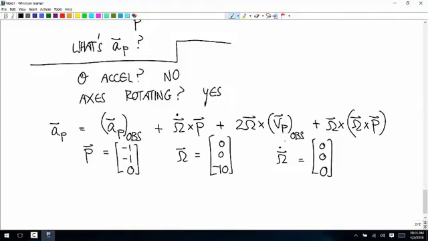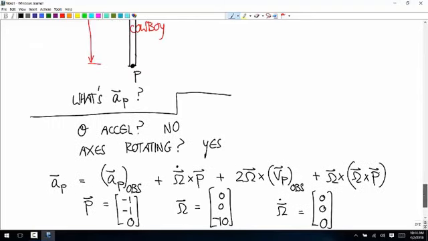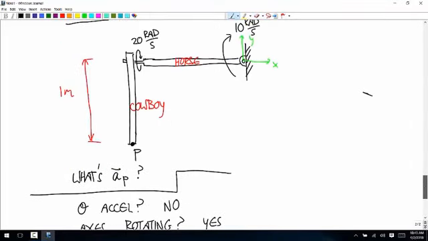And now we have to come up with the observed velocity and observed acceleration. So how do we calculate the observed velocity? We don't even need relative motion on this because we're assuming that this is stationary.